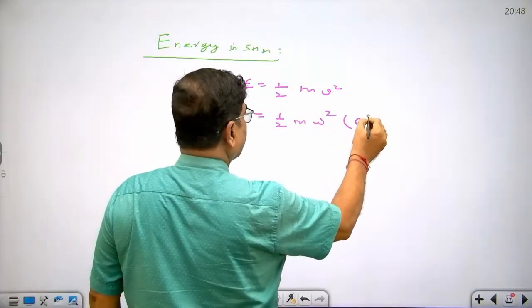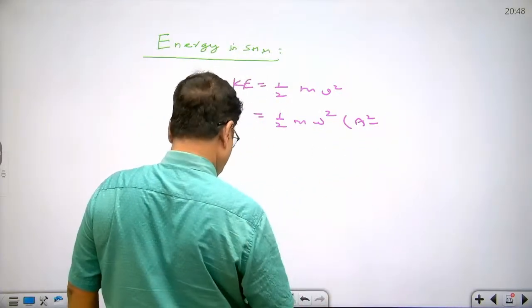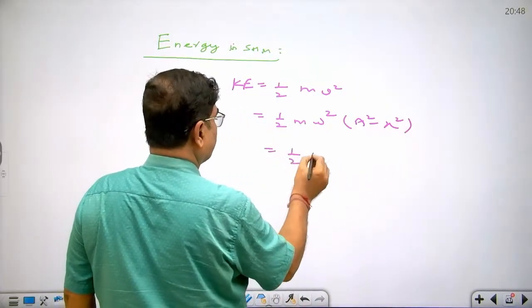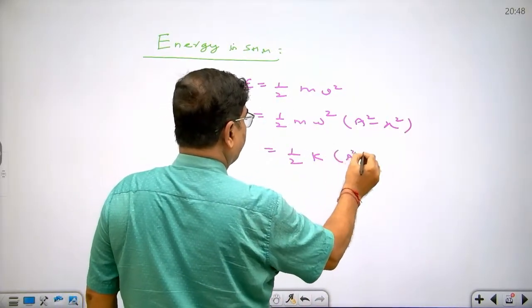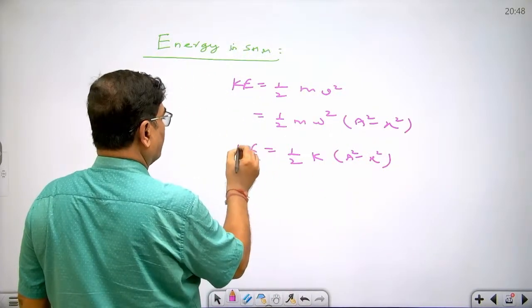So kinetic energy can be written like this, and m omega square is the SHM constant k. This can be expressed like this. So this is the general expression of kinetic energy.